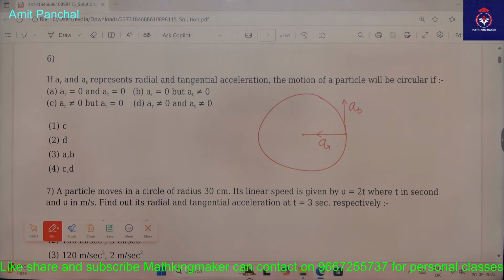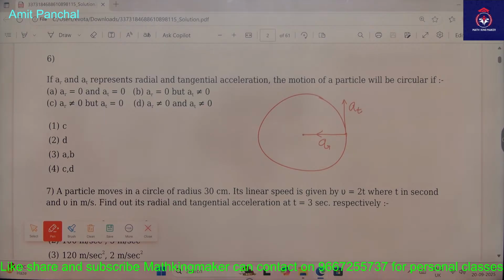Tangential acceleration is responsible for changing the speed. For uniform circular motion, the tangential acceleration must be 0. Then why option D?